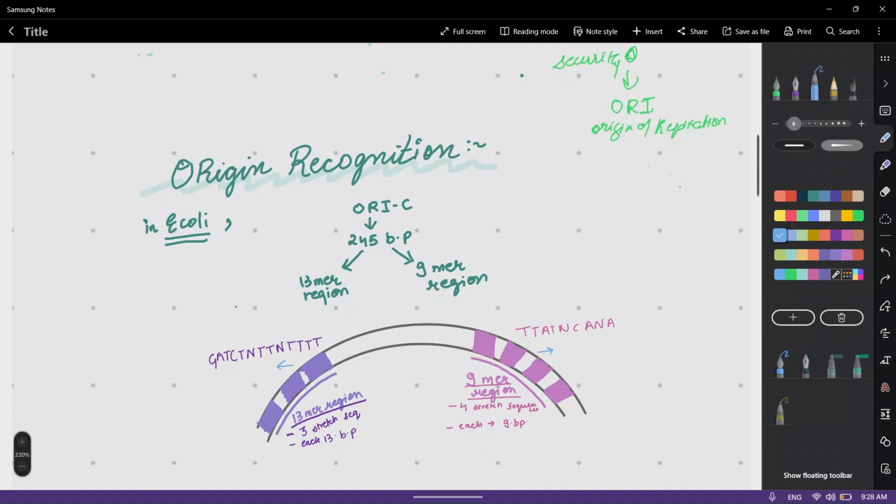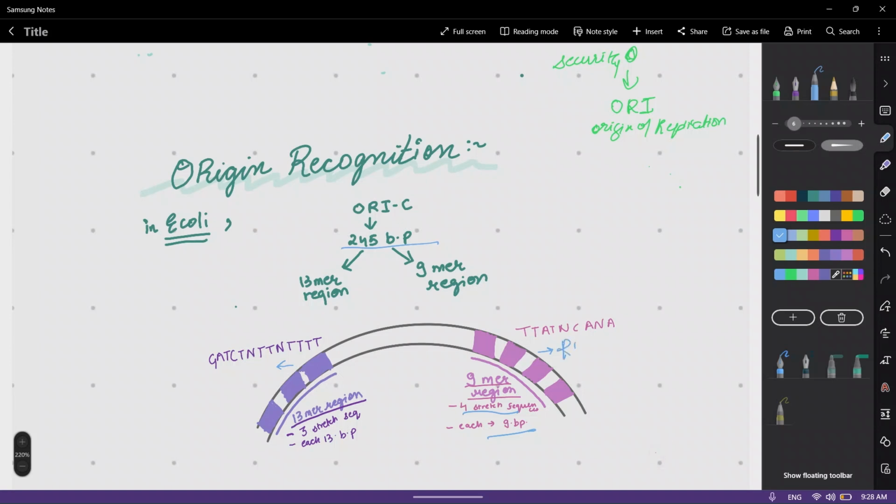So the ORI is a 244 base pair long stretch of the DNA. On the rightmost part, it is flanked by four stretches of sequences, where each stretch is 9 base pairs long.